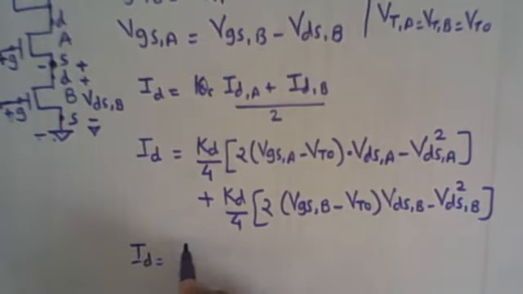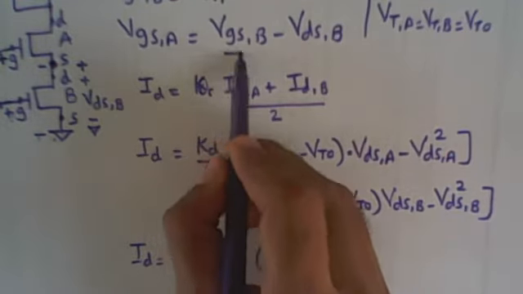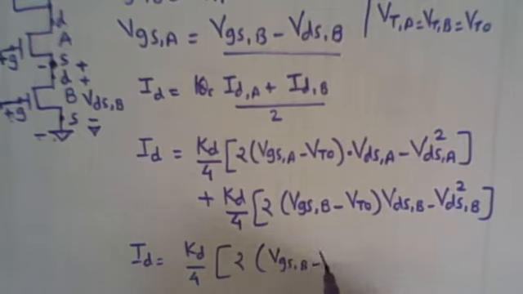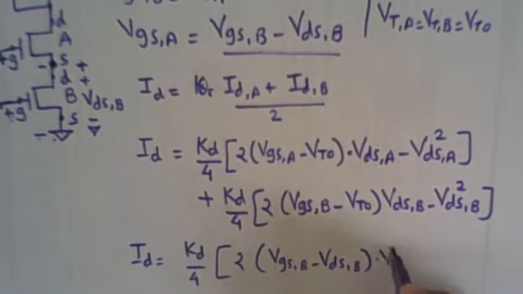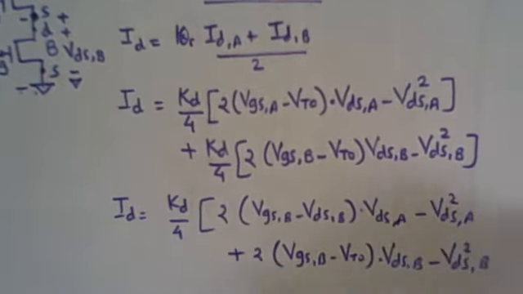ID is equal to K driver by 4 into 2 times of, instead of VGS of A, let's substitute VGS of B minus VDS of B, into VDS of A as it is, minus VDS of A square, plus 2 times of this term VGS of B minus VTO into VDS of B minus VDS of B square.